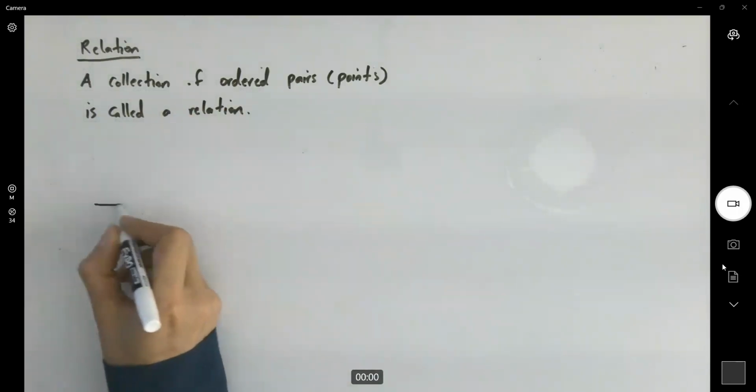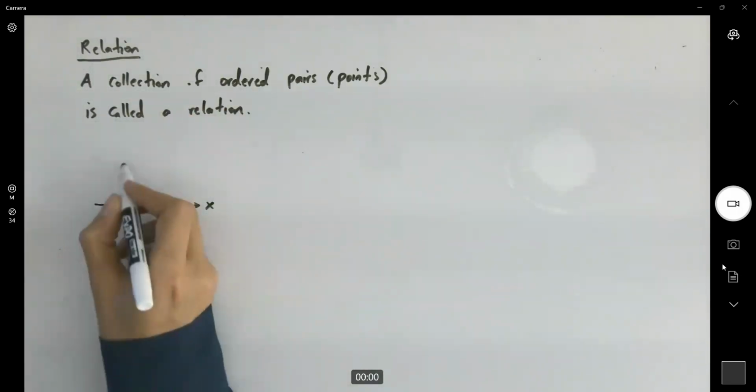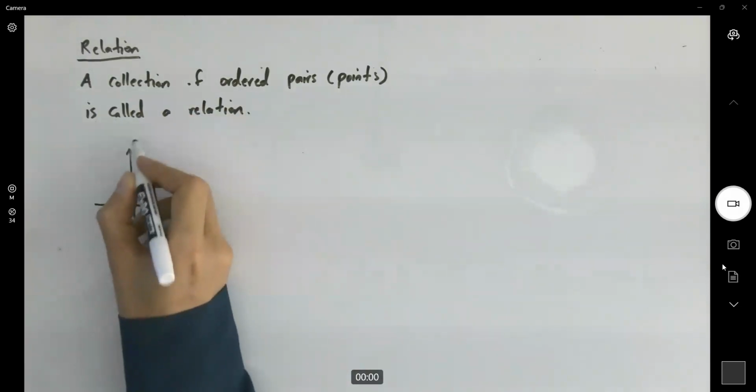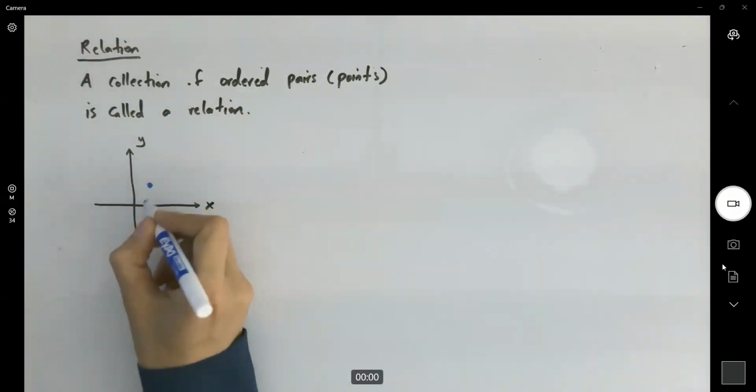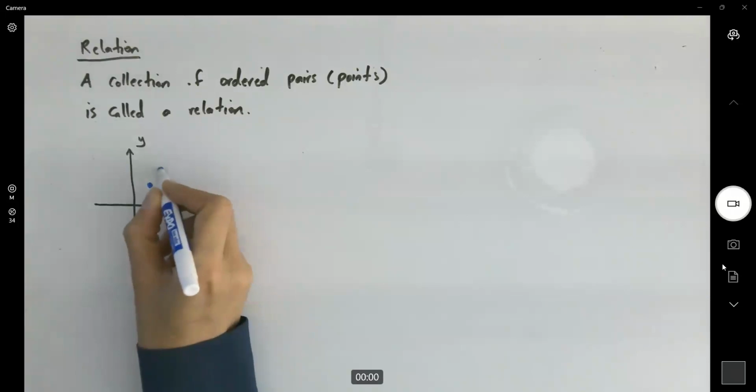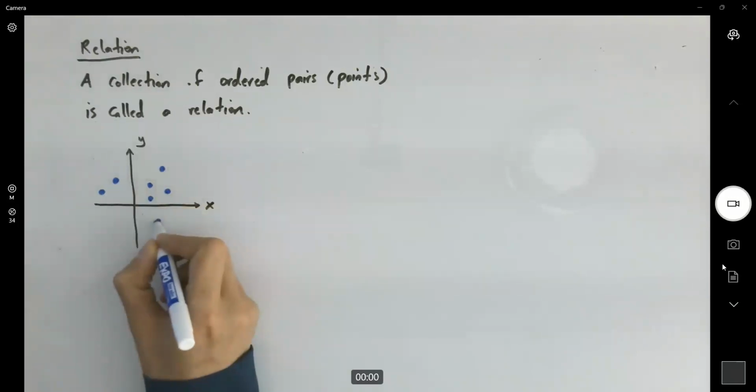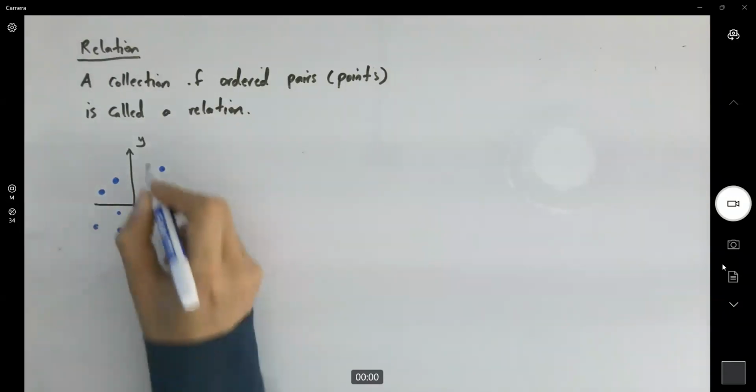So if you have your XY plane, if you have x-axis, y-axis, and you have a bunch of points, these points can be anywhere in your plane.